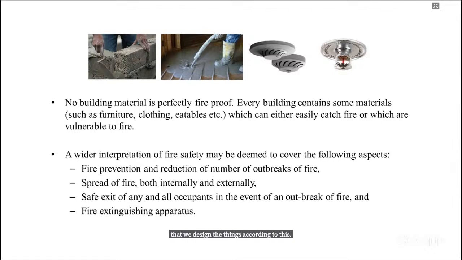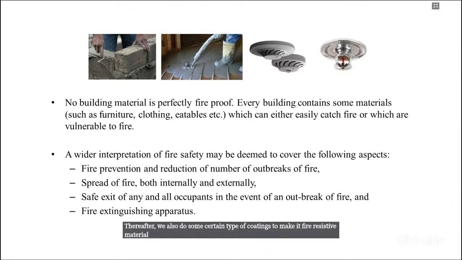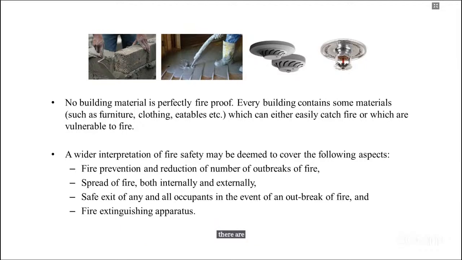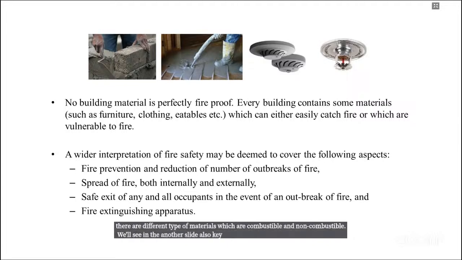So if you don't know, then I'll let you know that RCC is also, to an extent, a fire resistive material, okay. Thereafter, we also do certain types of coatings to make it a fire resistive material. But at a certain point of time, there are different types of materials which are combustible and non-combustible. We'll see in another slide also what the combustible materials are.